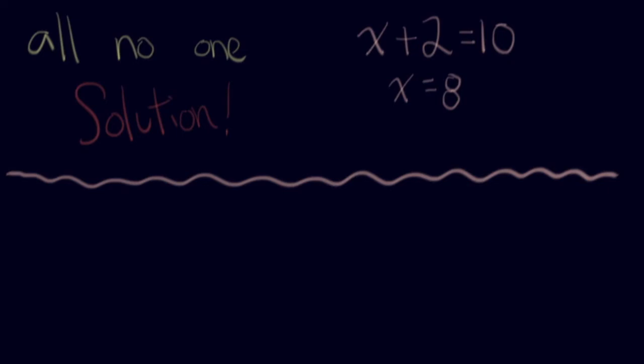So let's take a look at no solution first, shall we? These questions are all going to have the answer of no solution. This means there is no value for x that could possibly make this true.